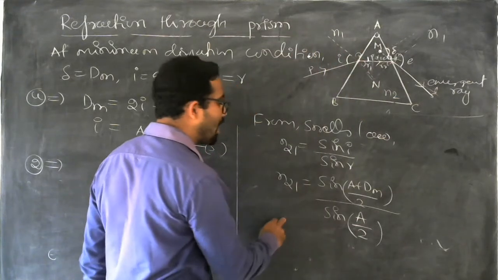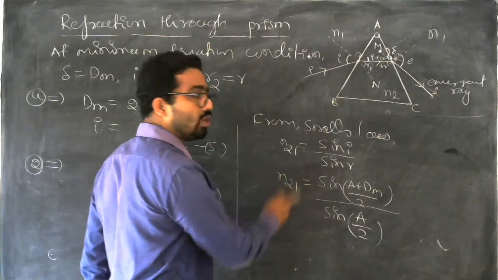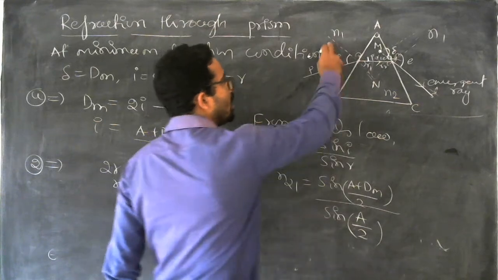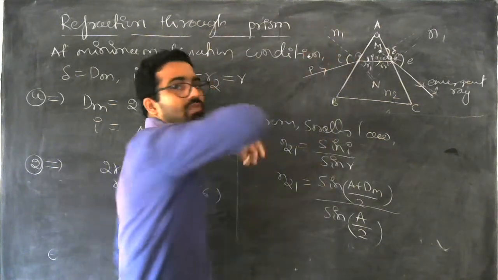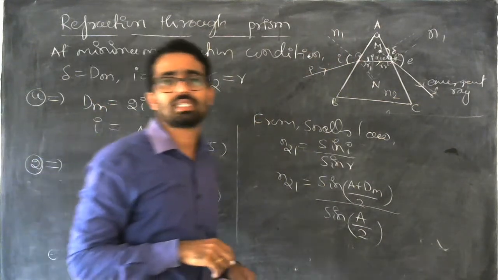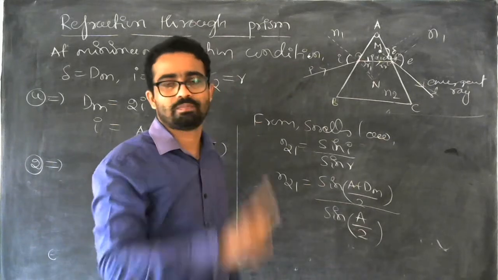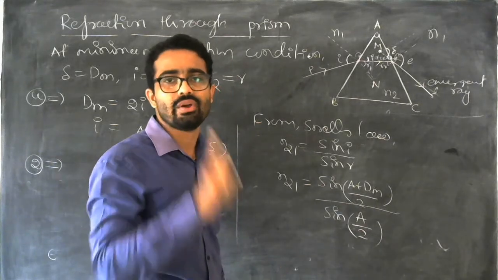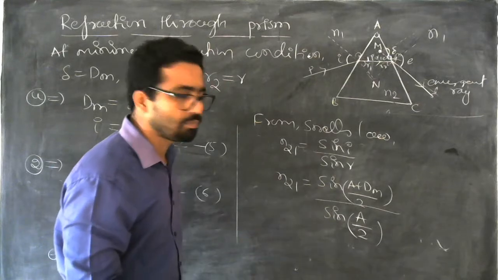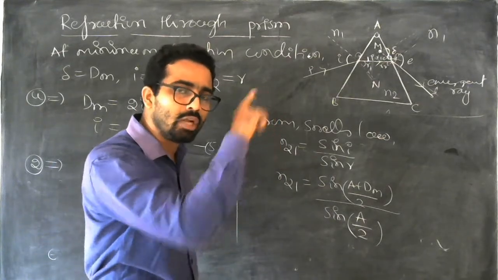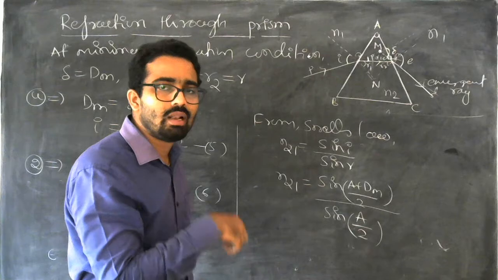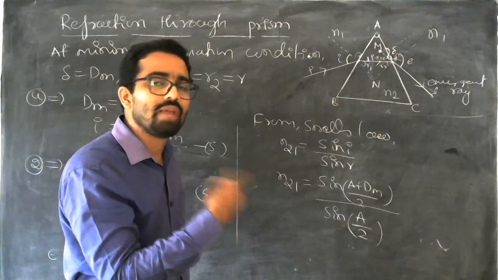See, n21 is equal to n2 by n1. What is the value of n1? n1 is the refractive index of air, and the refractive index of air is equal to 1. So in the equation n2 by n1, the value of n1 is equal to 1.